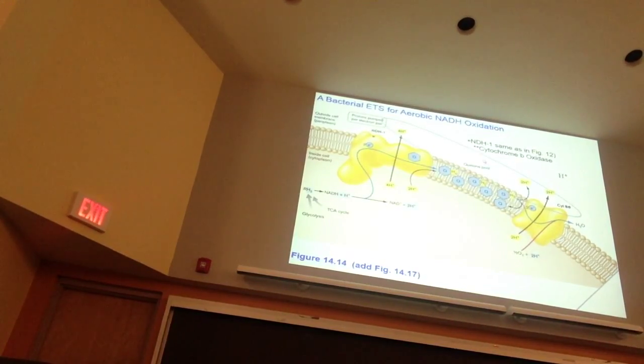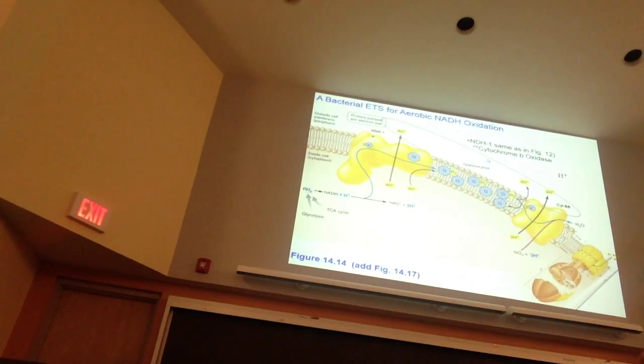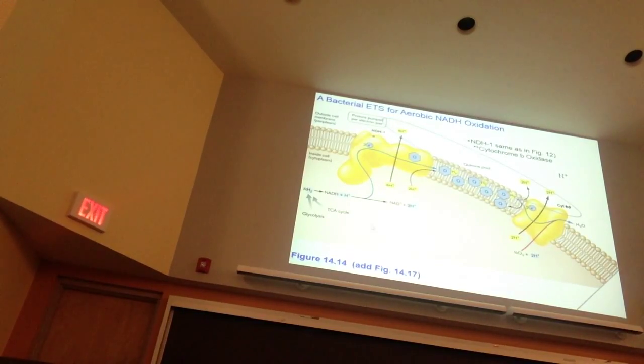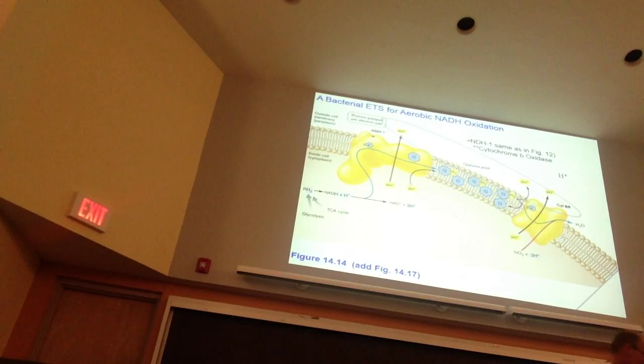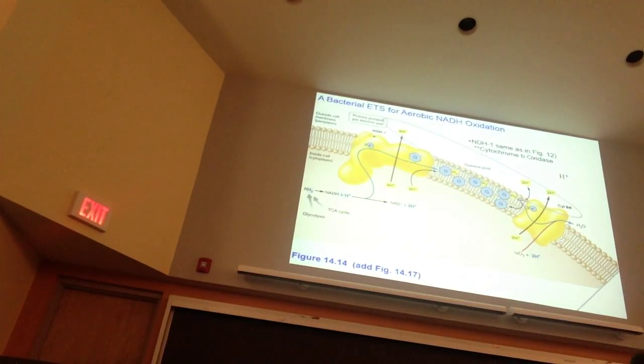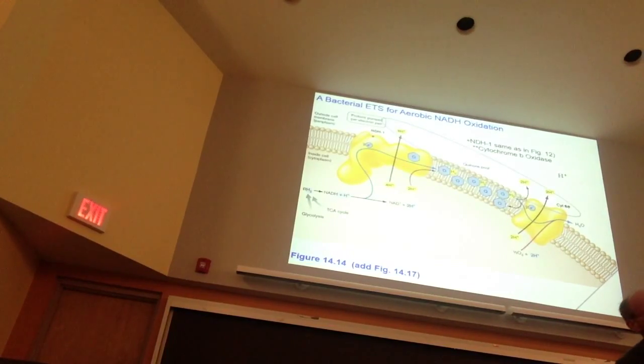So oxygen is, we're not quite ready for that yet. Oxygen is the final electron acceptor for that pair of electrons. This is aerobic respiration. And you know, I said in chapter 13, there's 3 main stages: glycolysis, TCA cycle, respiration.